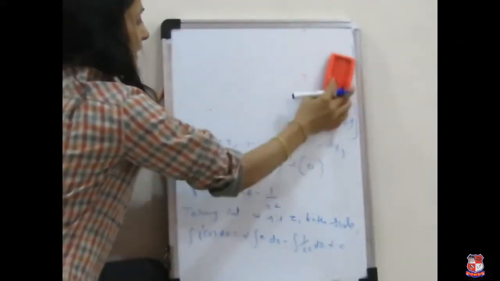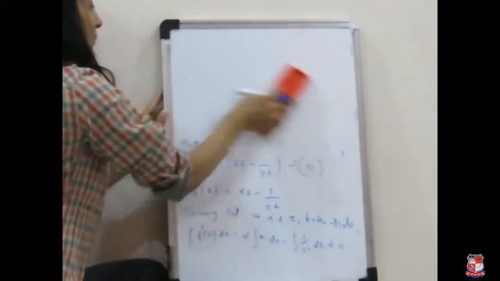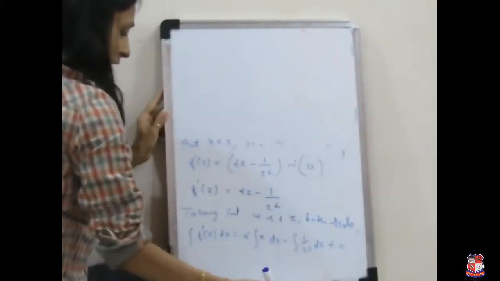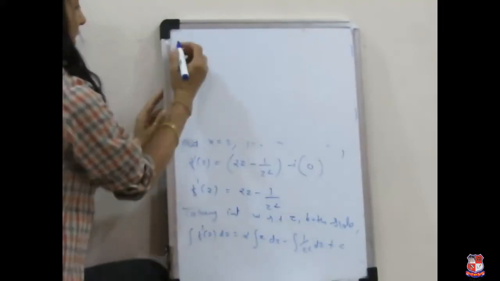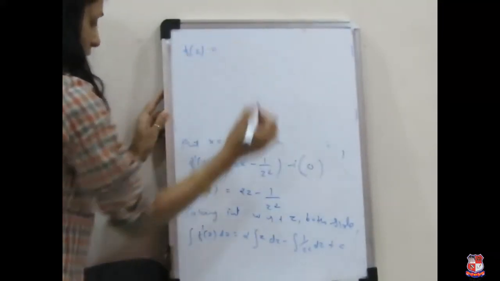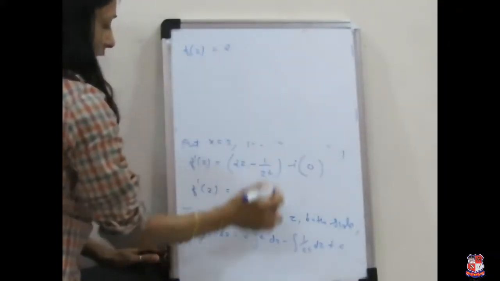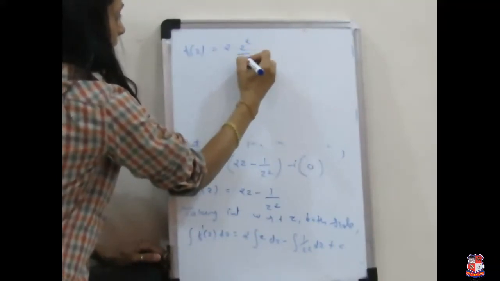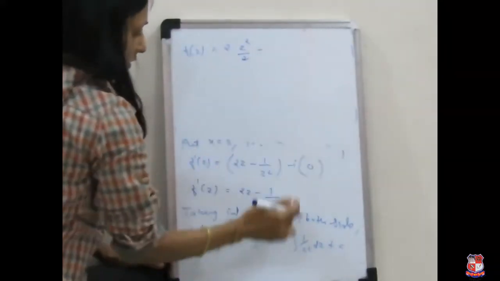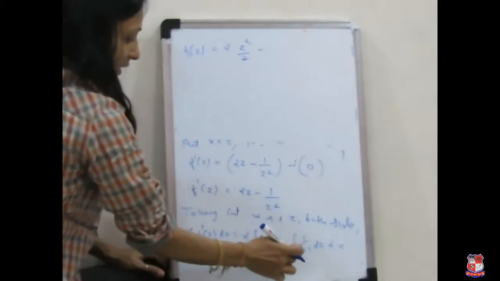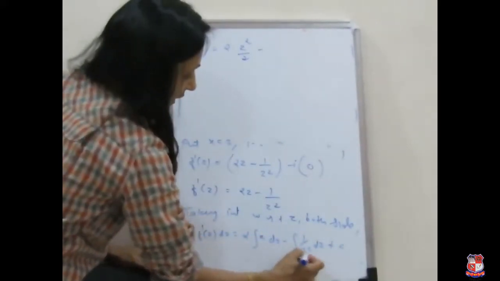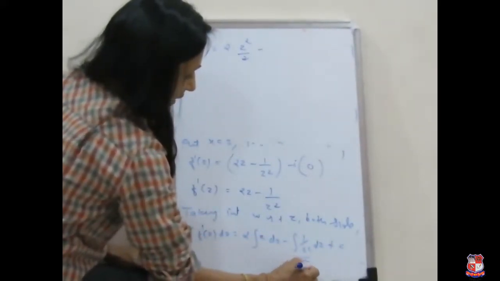Derivation and integration both are combined, then it gives the function as it is. f of z is equal to 2 times the integration of z, that is z square by 2, minus the integration of z raised to minus 2. We can write integration z raised to minus 2 dz.